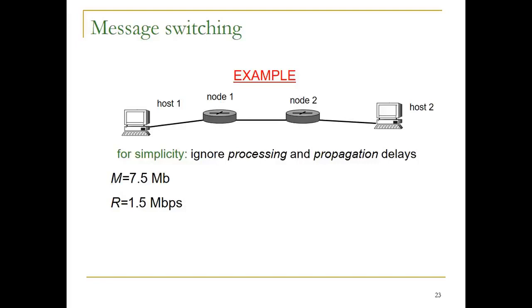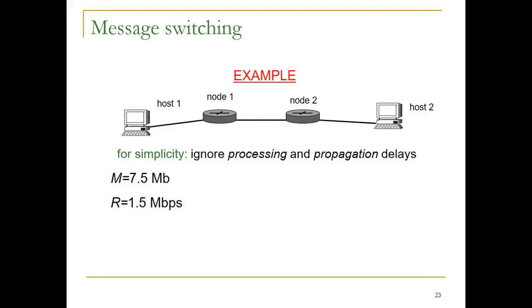So there's going to be the transmission delay from host 1 to node 1, from node 1 to node 2, and from node 2 to host 2. In general, transmission delay is calculated as the message divided by the transmission bandwidth, times the number of transmission delays involved.